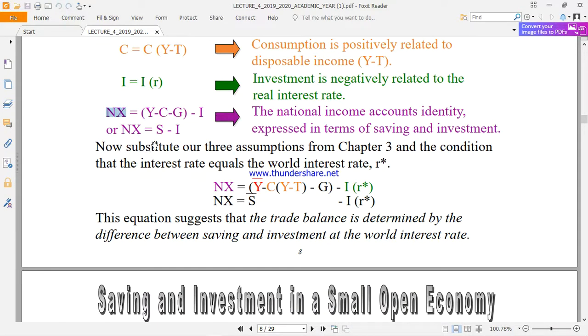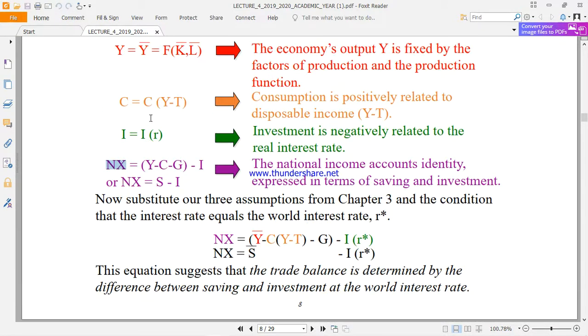If we do our substitutions, we understand that net exports is equal to Y, but this Y is fixed by the factors of production and the production function. That is why it has a bar on top.